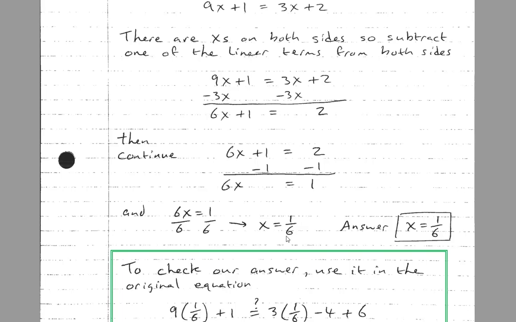So x is equal to 1/6. I know some people find this last step confusing. 6 times some number is equal to 1. Well, that number has to be 1/6.